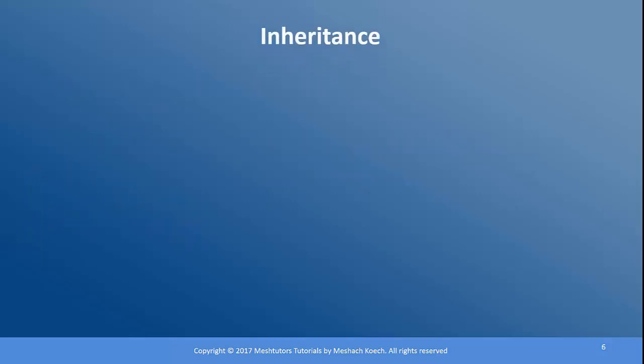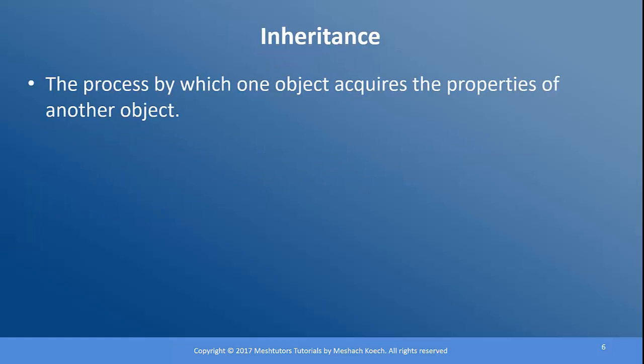Inheritance is the process by which one object acquires the properties of another object. This is important because it supports the concept of hierarchical classifications. With inheritance, an object needs to define those qualities that make it unique within its class. It can inherit its general attributes from its parent.